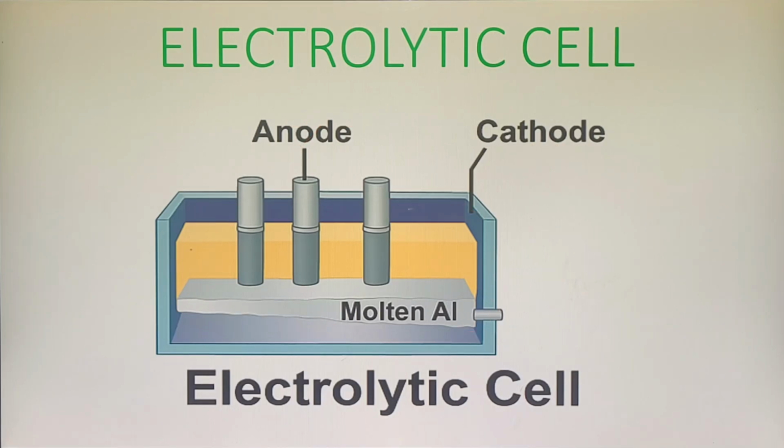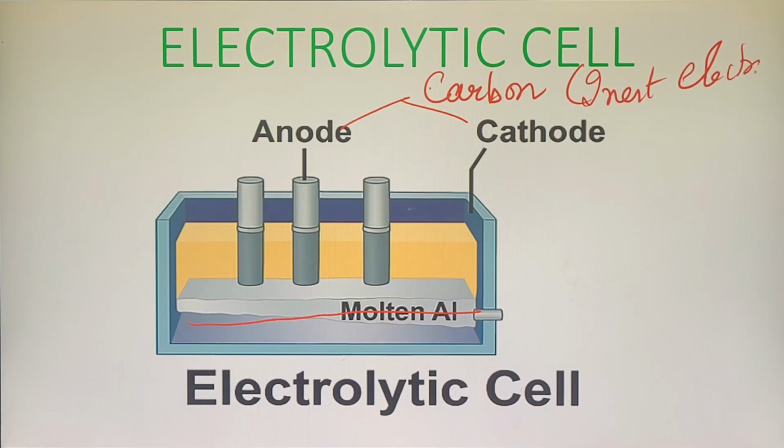I have taken an electrolytic cell which has got a slope kind of a thing. In my electrolytic mixture, I have three things: fluorspar, cryolite, and alumina. What are my anode as well as cathode made up of? My anode and cathode are made up of carbon. Carbon is an inert electrode. Whenever you take graphite, it is nothing but carbon.